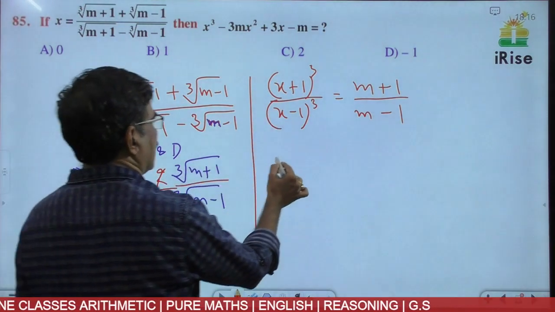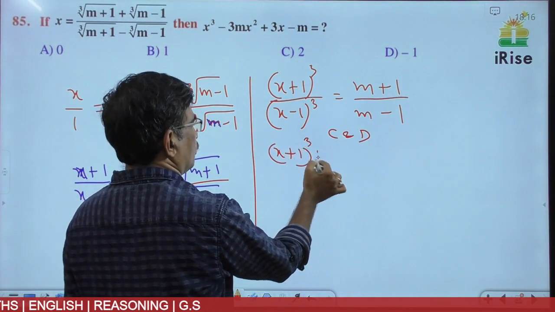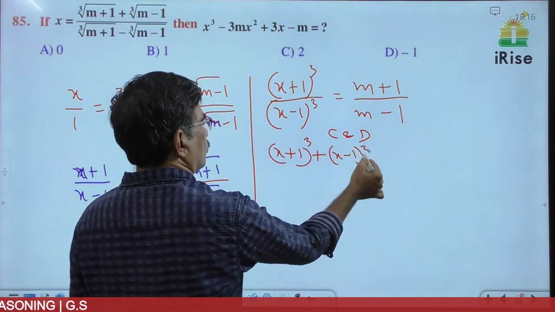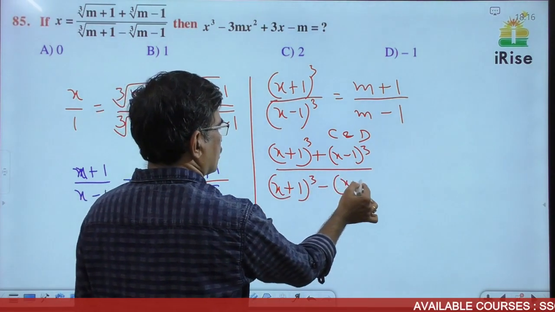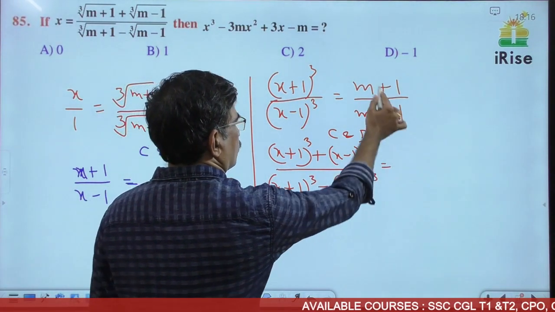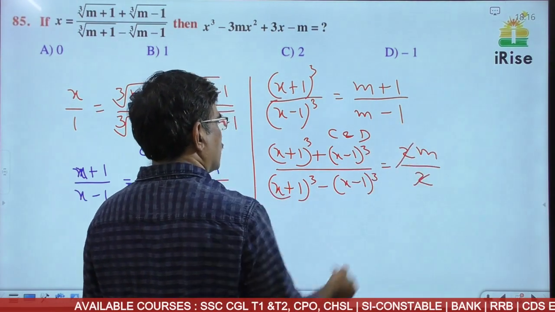Then again apply componendo and dividendo. ((x+1)³ + (x−1)³)/((x+1)³ − (x−1)³) is equal to the sum of these two, 2m, by the difference of these two, 2. 2 cancels.